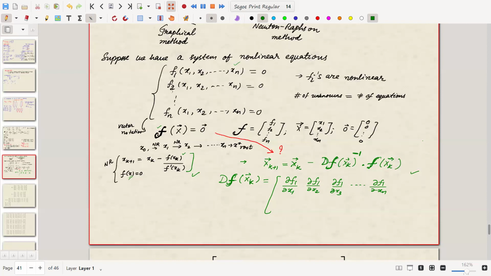Now you have to catch f2, so carry on to the next row. Dou f2 by dou x1, dou f2 by dou x2, so on till dou f2 by dou xn. The nth row: dou fn by dou x1, dou fn by dou x2, so on, till dou fn by dou xn.